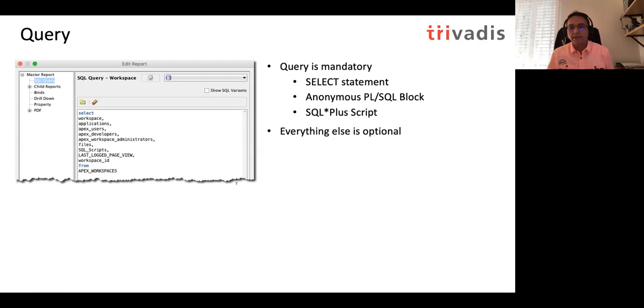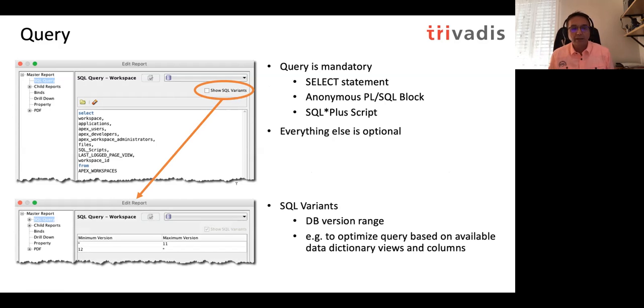The rest is optional. There's an additional checkbox here, which is interesting if you are writing reports based on the Oracle Data Dictionary, because you know the Oracle Data Dictionary changes with every version. You get additional fields and so on. And it's not necessary to create an additional report and call it report 18c, report 19c, report 11, whatever.